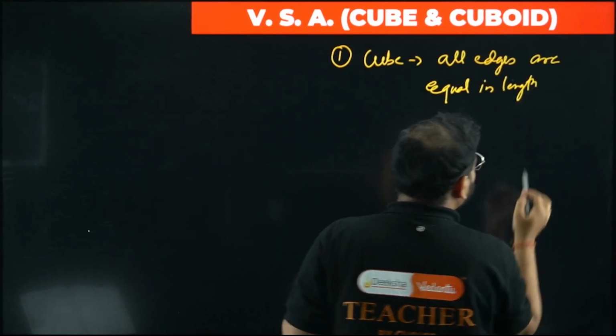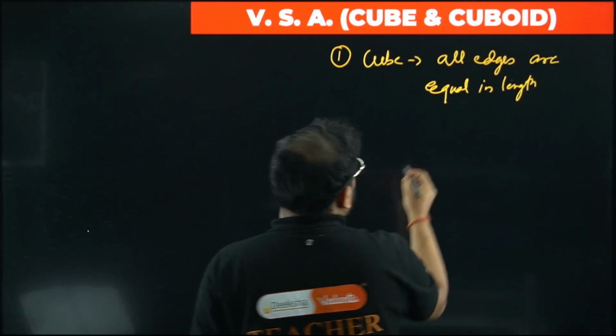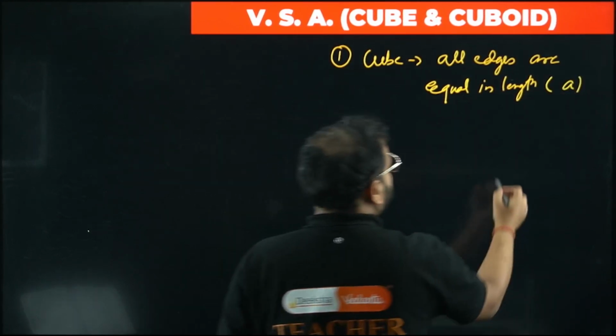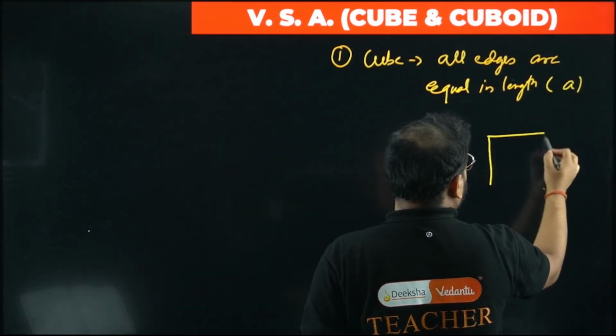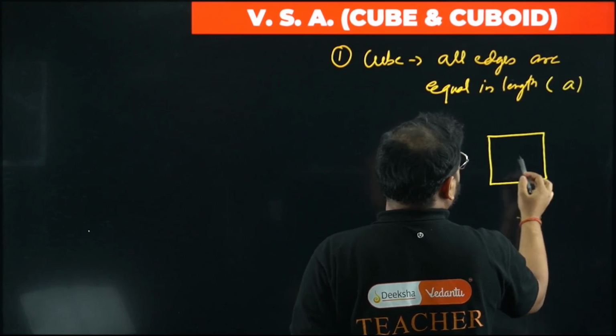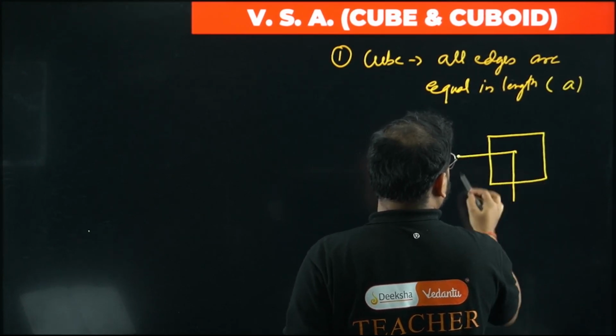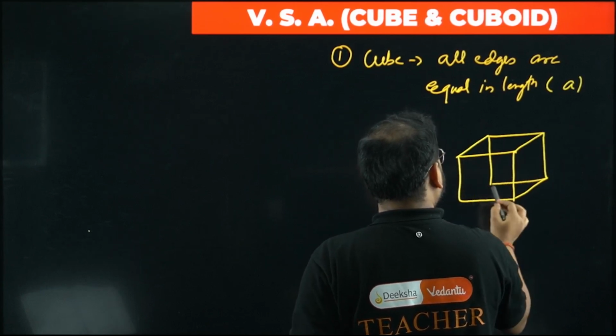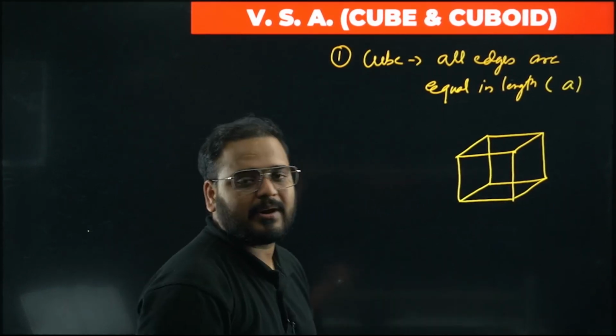It means we don't have length, breadth and height. We have simply a, the edge length as a, all equal. It's a square-faced 3D shape, which means all faces will be square only, so you'll have 6 square faces. Am I right?